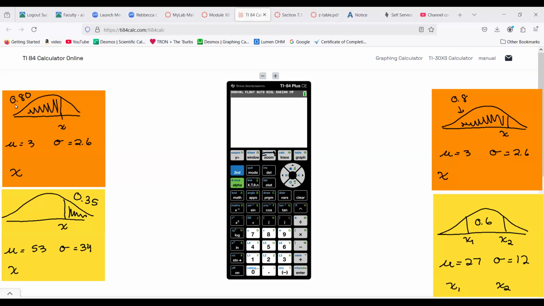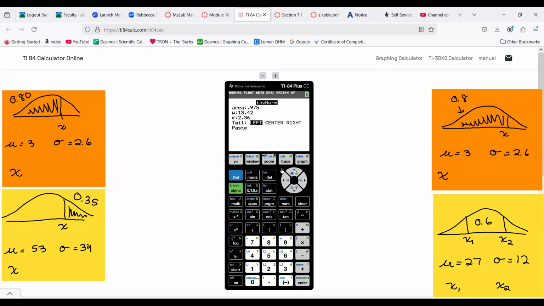Okay, so my first question is a lot easier to deal with because we already have the area to the left. So if I do second VARS, number 3, I'm going to put in an area of 0.8. That's my area to the left. My mean is 3, and my standard deviation is 2.6.